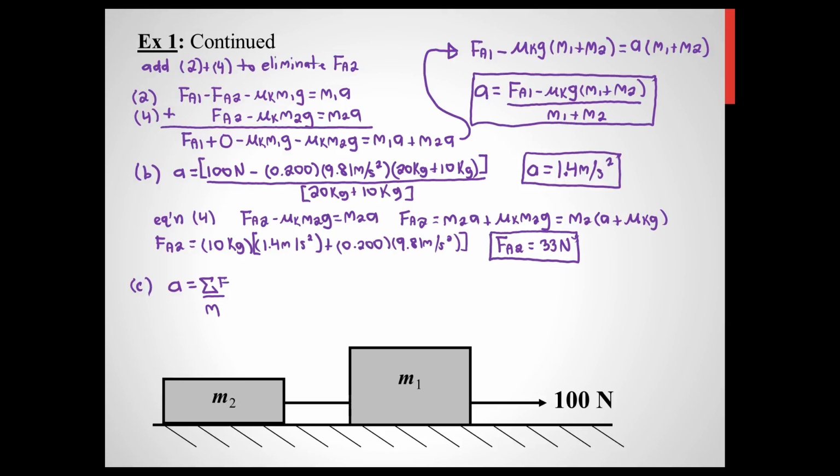And what I want to do is draw a comparison between this and the equation I derived in A. So let's look how things compare. Oh, we should clarify this is for the system. So let's do this first. We'll say A for the system, just the magnitude, is sigma F divided by m.